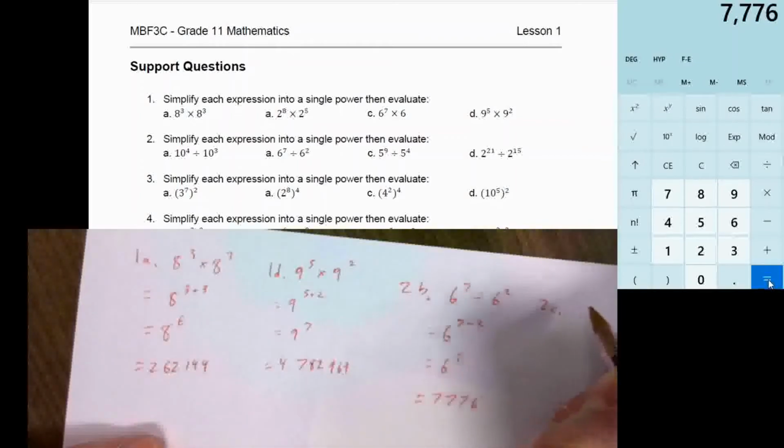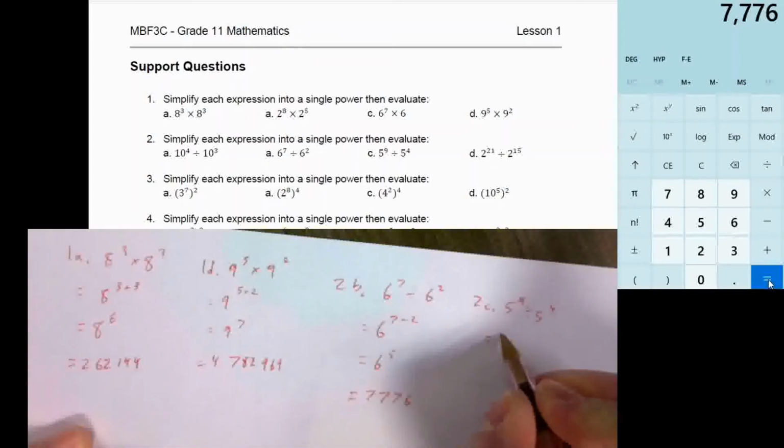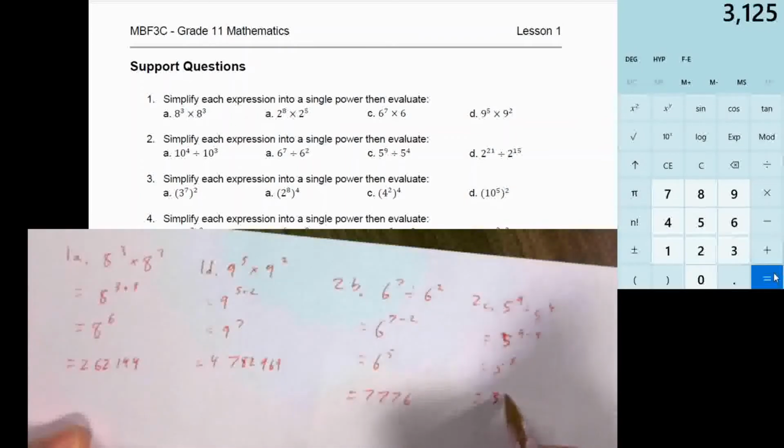And for C, I have 5 to the power of 9 divided by 5 to the power of 4. This is the same as subtracting. 5 to the power of 9 minus 4. 5 to the power of 5. And 5 to the power of 5 is 3,125.